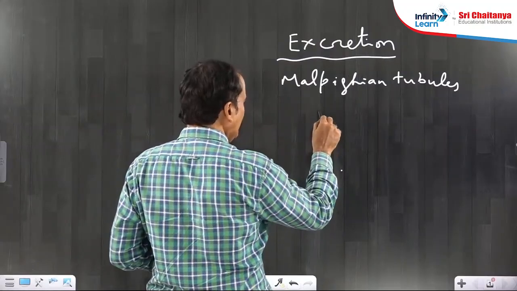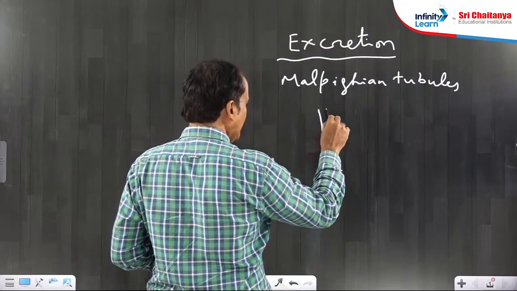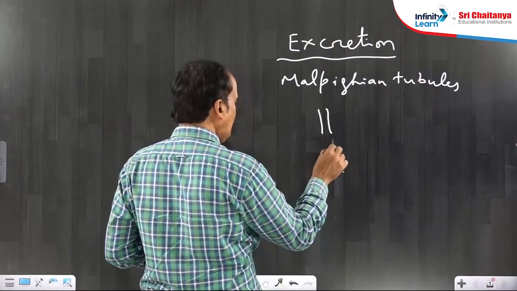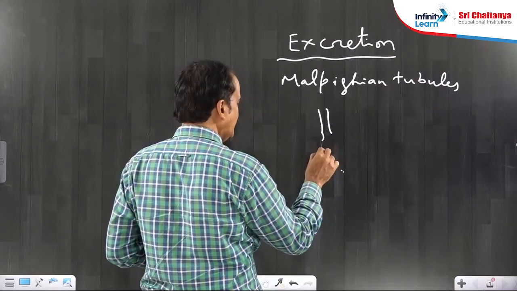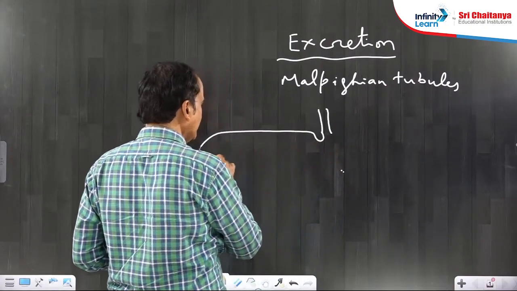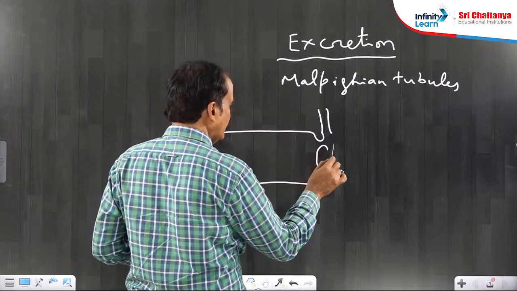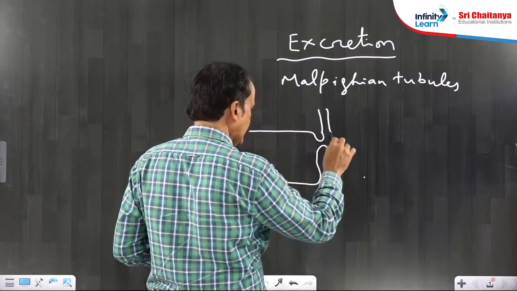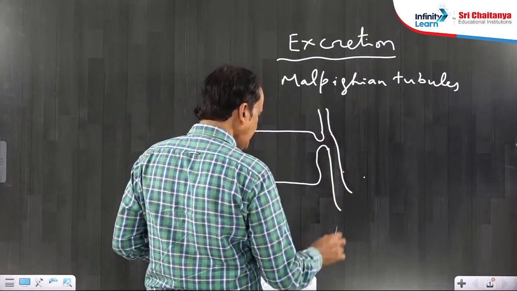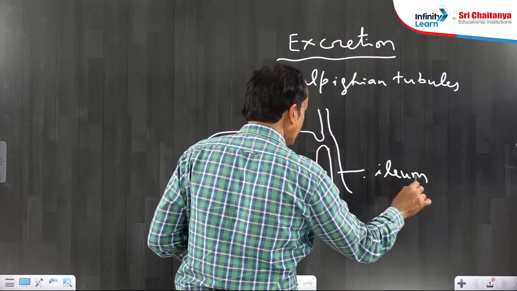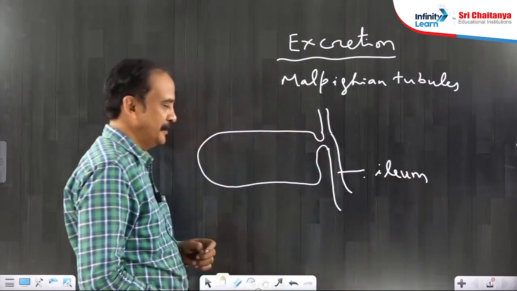For example, say this is the midgut. Joining here I will draw one Malpighian tubule that will be opening here. The Malpighian tubule opens into the ileum, the first part of the hindgut.